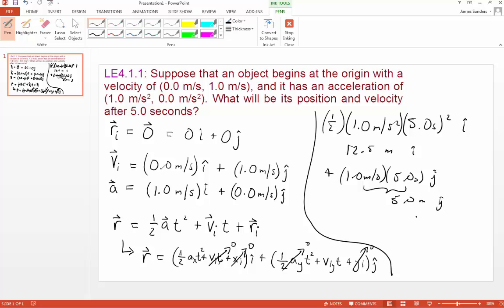So your final position therefore ends up being 12.5 meters i hat plus 5.0 meters j hat.